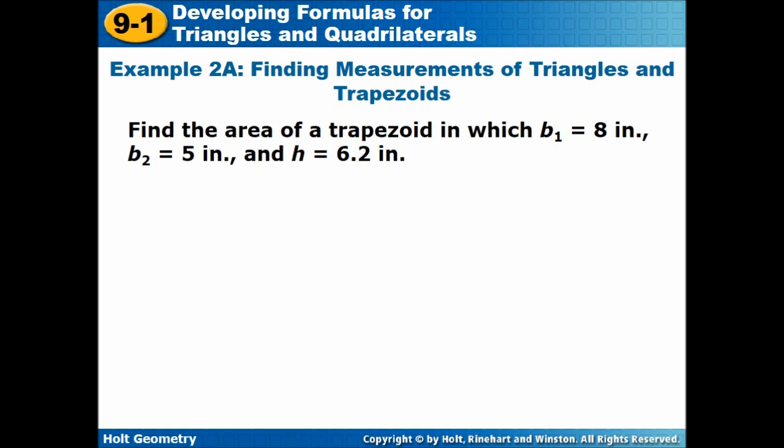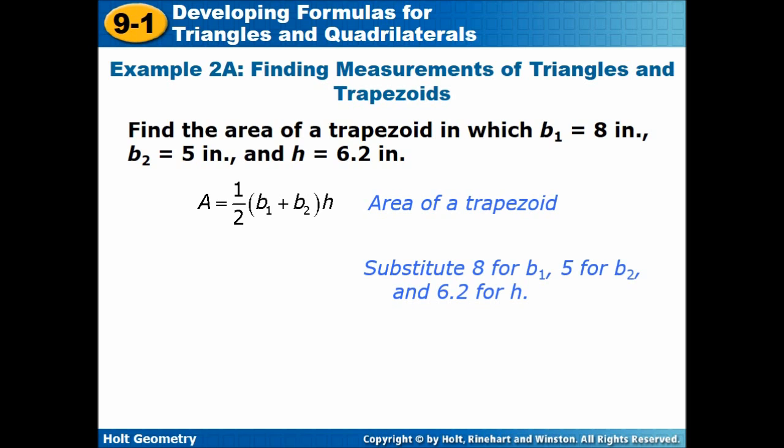In our next example, we're going to find the measurements of triangles and trapezoids. First, let's find the area of a trapezoid in which base 1 equals 8 inches, base 2 is 5 inches, and the height is 6.2 inches. Let's pull out our formula. The area of a trapezoid is area equals 1/2 (B1 plus B2) times the height.